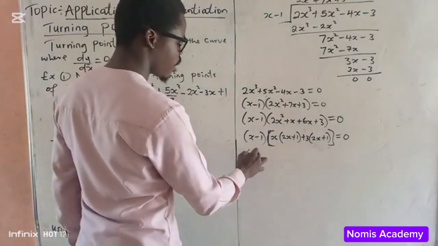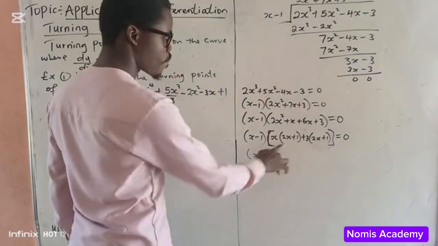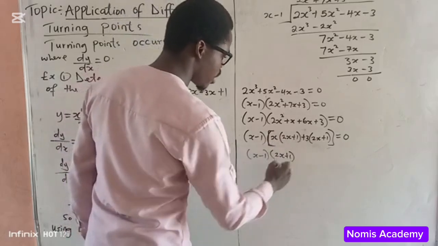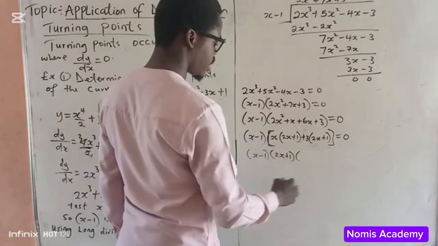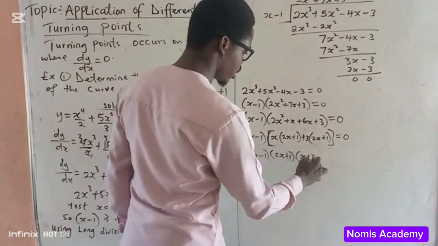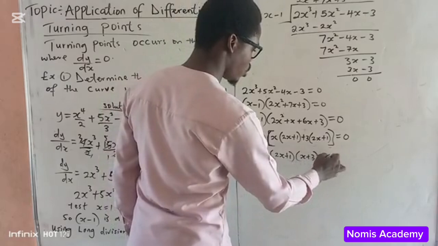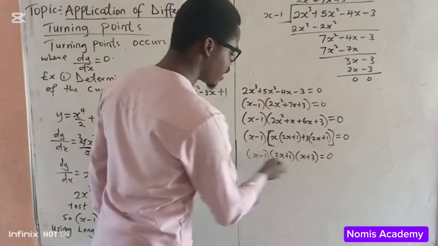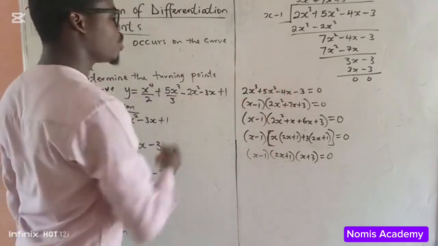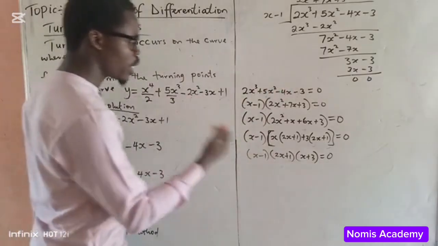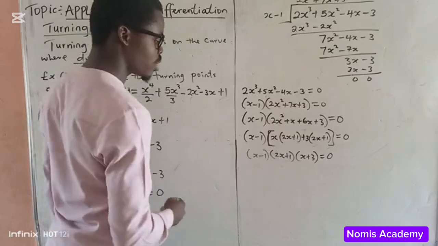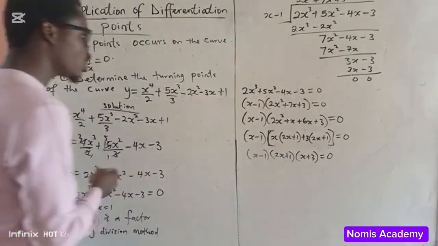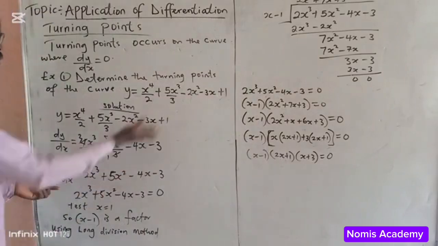So here we have x minus 1. Pick out what is common here, and that is 2x plus 1. And then what we have outside the bracket is x plus 3 equal to 0. So these are the linear factors of the cubic equation. So we are going to equate each of them to 0 to get the roots of the cubic equation, which is the derivative of the curve.